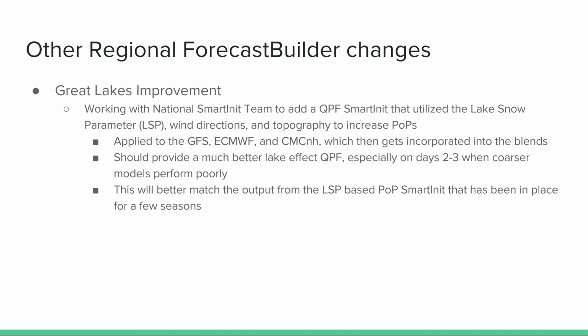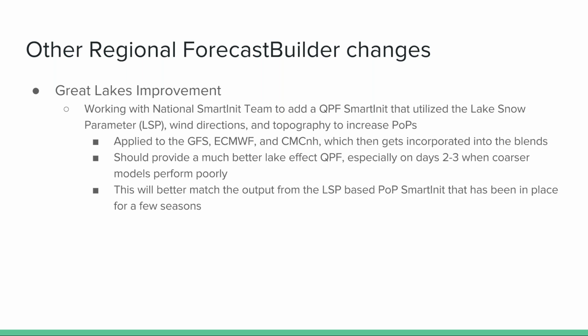And lastly, some other regional forecast builder changes is with Great Lakes improvement during the past winter. There's been stuff put in the National Blend to help improve the probability of precipitation. Then we put the neighborhood pop technique into SuperBlend to help improve pops, to bring them up a little bit.